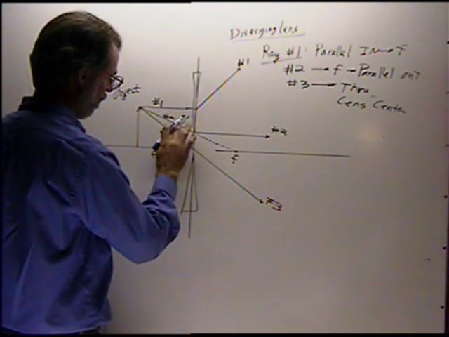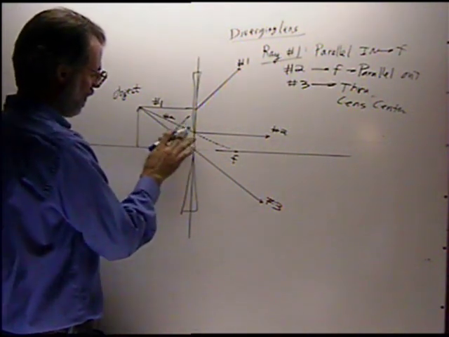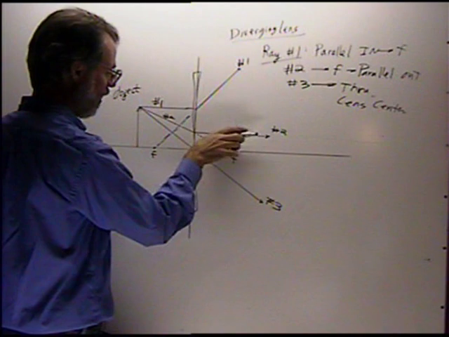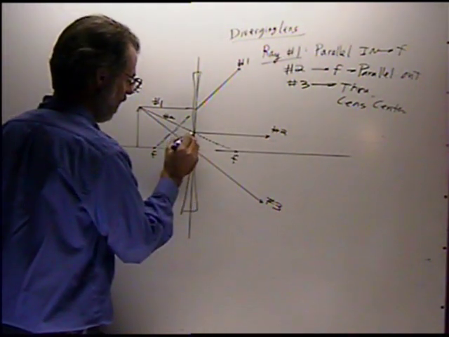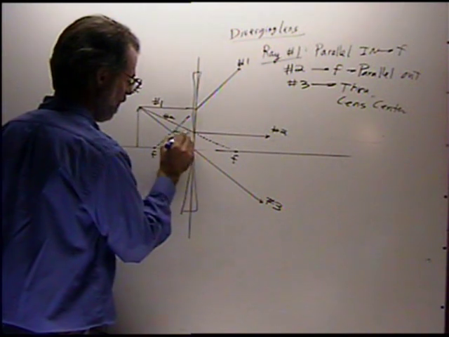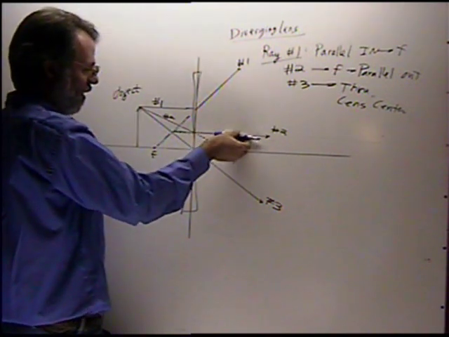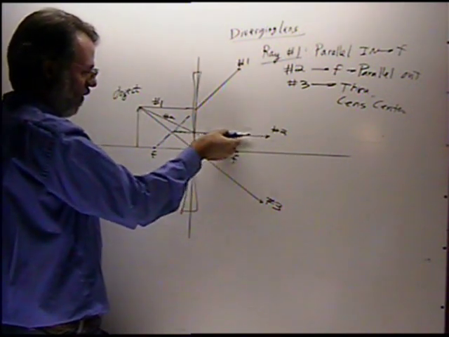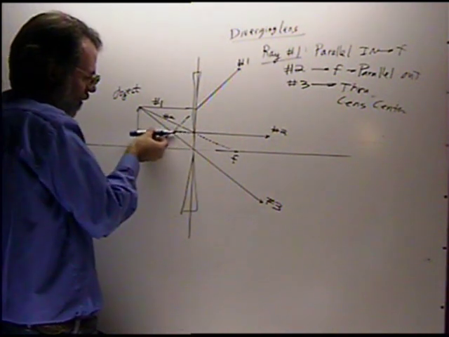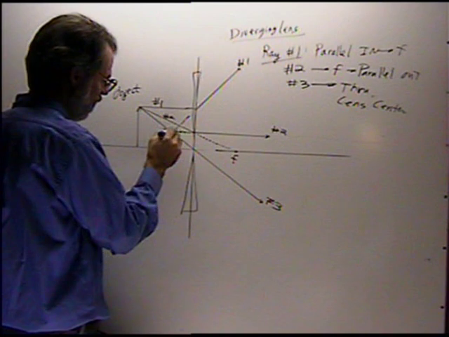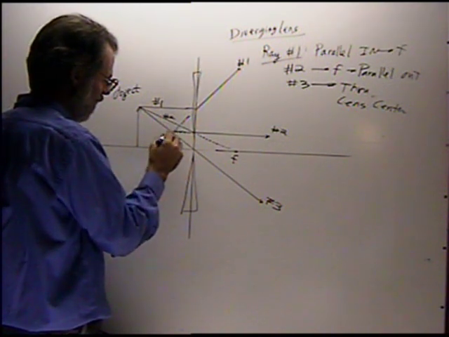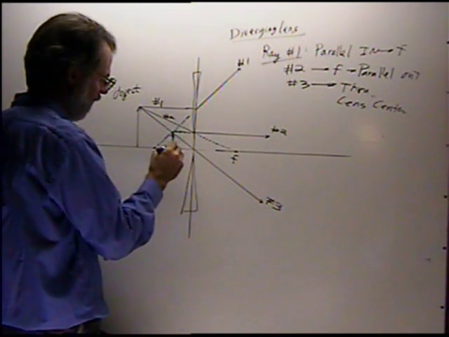Ray number 2, this ray coming back this way looks as if it comes from right here. If we back it up through the lens, it looks like it came from here, and ray number 3 hits right here. So we have an image right here, and there it is.